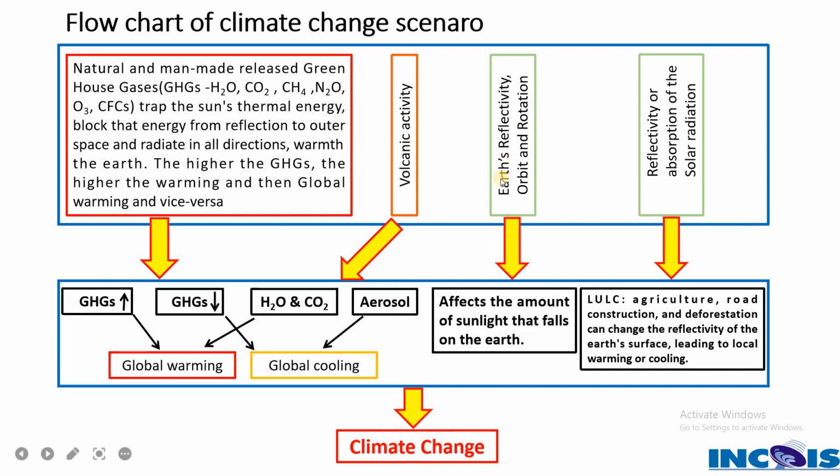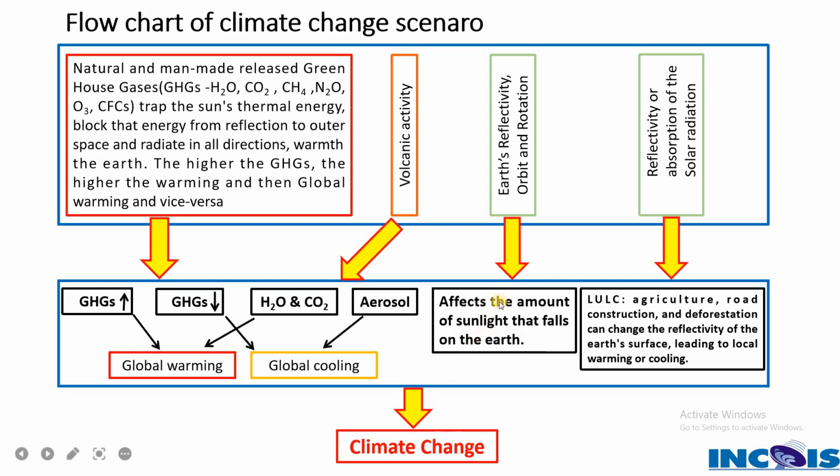Similarly, Earth's reflectivity, orbit, and rotational period. In scientific terms, I can say these are the Milankovitch cycles. When there is a change in the periodicities of these cycles, we can see changes in the seasons and the length of the seasons. Obviously when there is a change in these periodicities, there will be changes in the seasons and their length, as well as in the amount of sunlight falling on the earth.